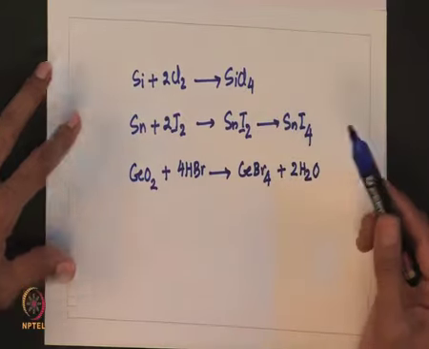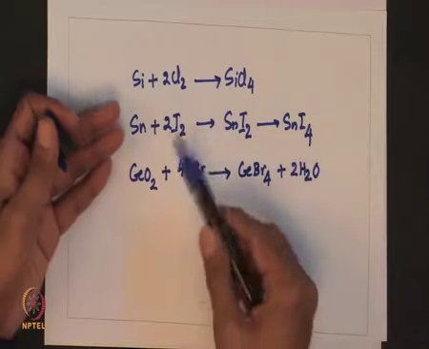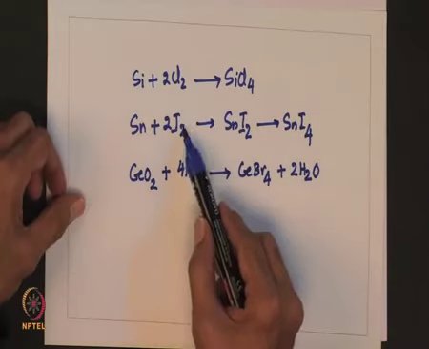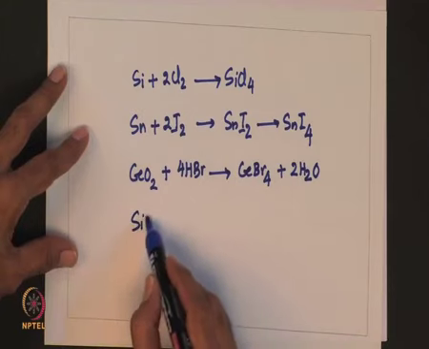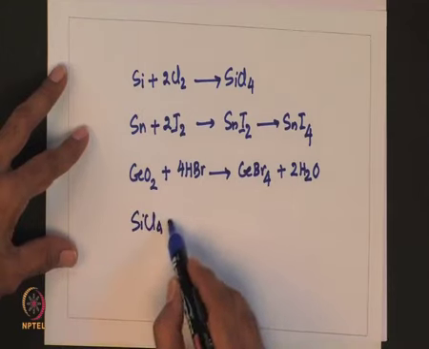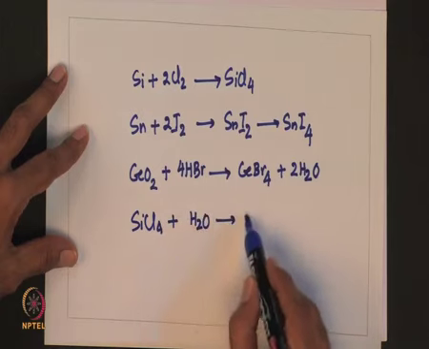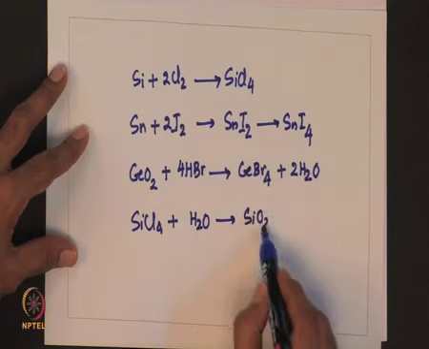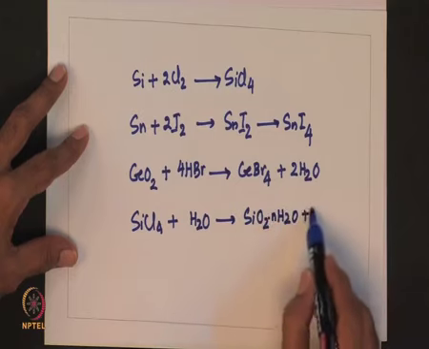Just to show the interaction of group 14 elements with the different halogens, I have taken chlorine here, iodine here, and HBr here. And of course, SiCl4 with an excess of water undergoes hydrolysis to form SiO2·nH2O plus HCl.